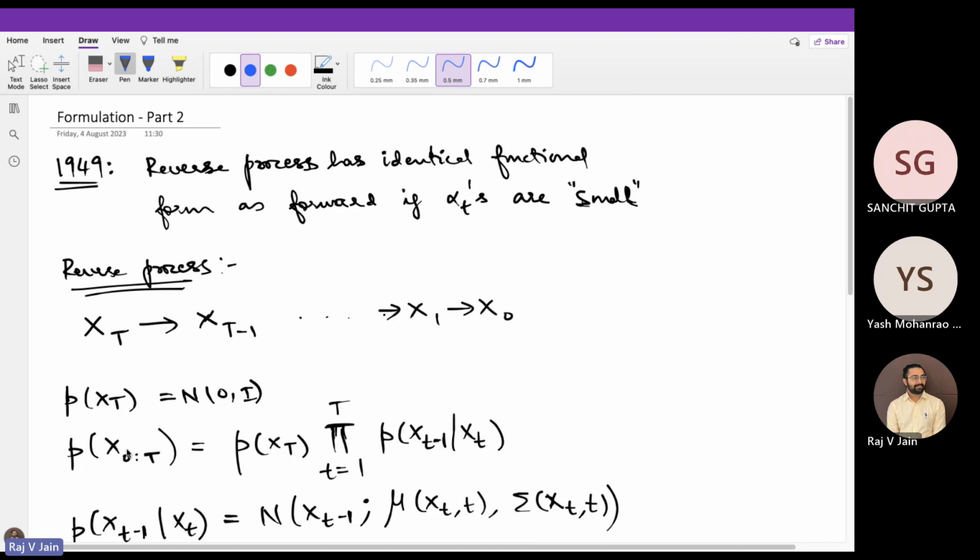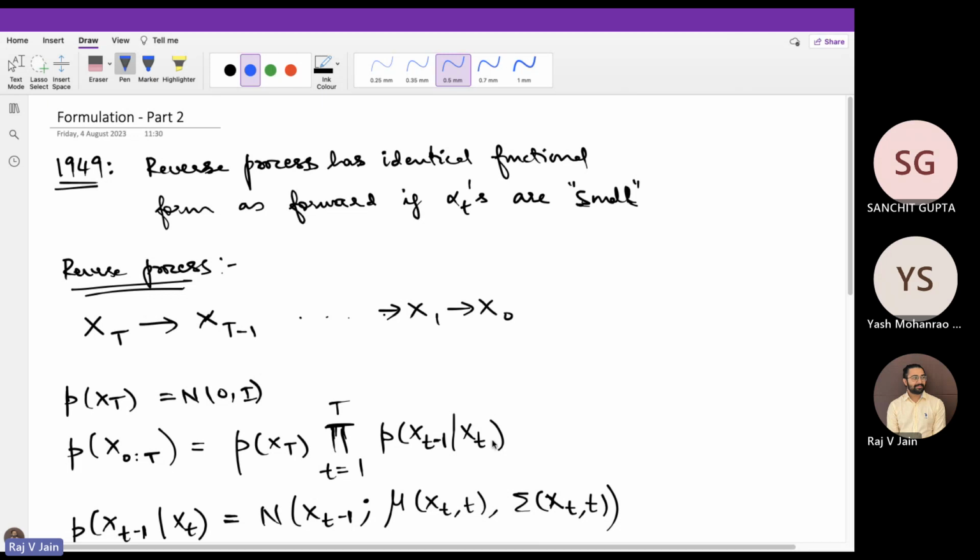The joint distribution of all these random variables, x0 to T, will be of this form, where it's a Markov chain, because we saw the forward process was also a Markov chain. It depends only on the previous step. Here the previous step is forward in time.